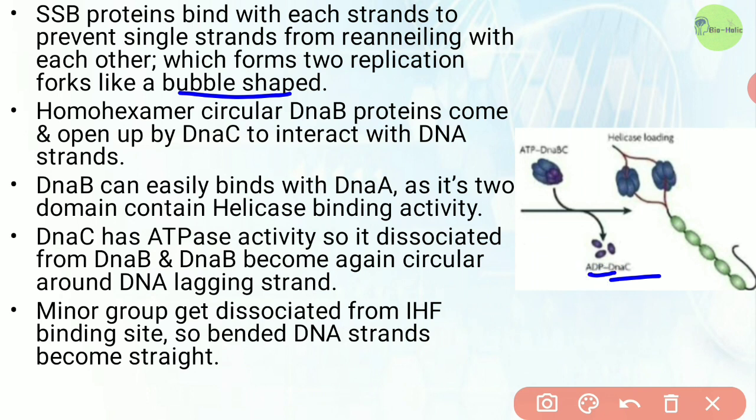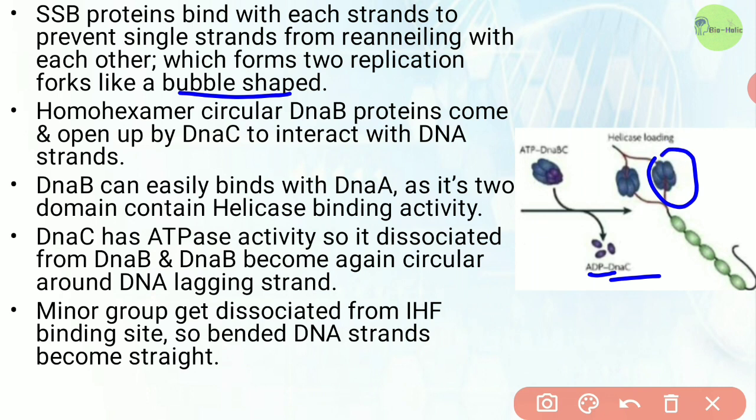And when this ADP is replaced by ATP, then DnaB is going to open. Now helicase is ready to interact with DNA. Now DnaA will recruit DnaB to bind because its domains 1 and 2 among 4 domains have helicase binding activity. So then DnaB is easily loaded on the DNA strand.